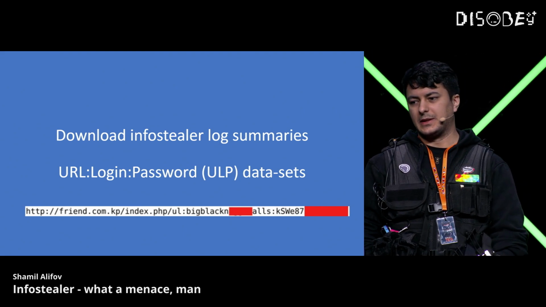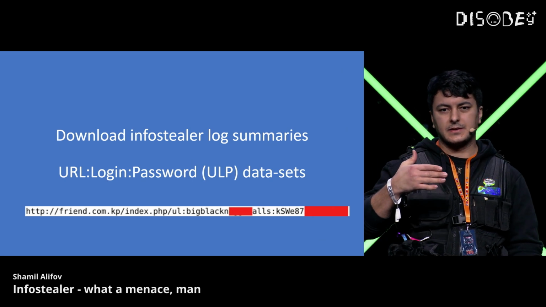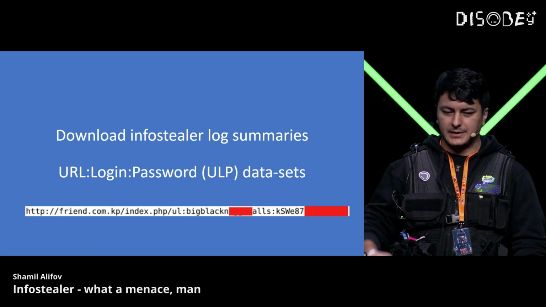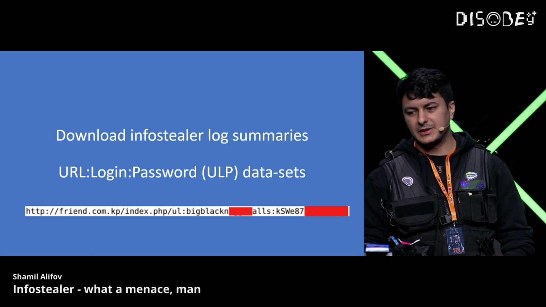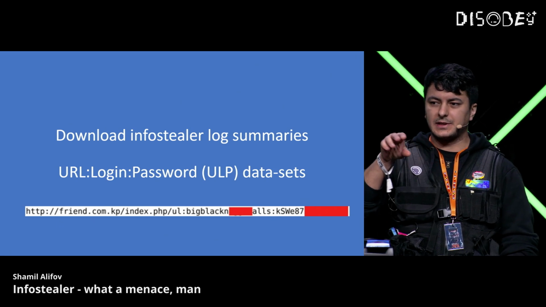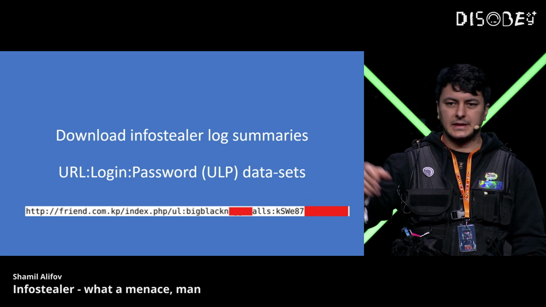So what are the log summaries? Let's say a victim is infected and the malware has exfiltrated the credentials. What people do is take the credentials and put together the URL where the login was, the login itself and the password, like a combo list.